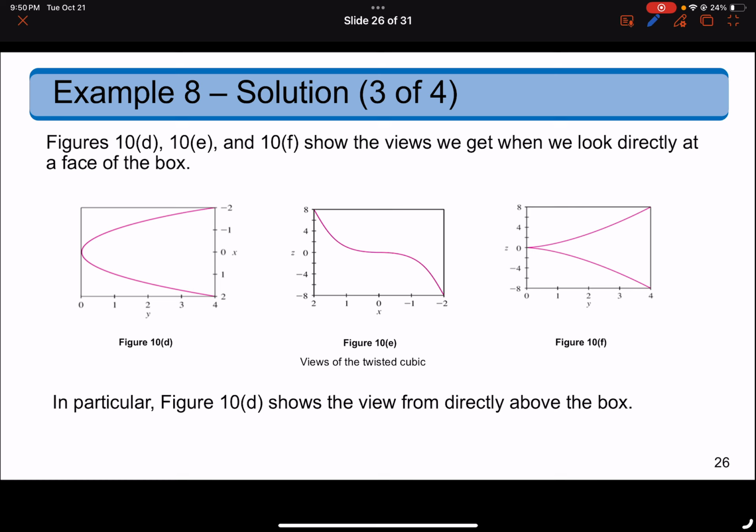So we have 10d, somewhat like a parabola in the xy plane. At 10e, it is like a cubic polynomial, and at 10f, it looks like a cusp.